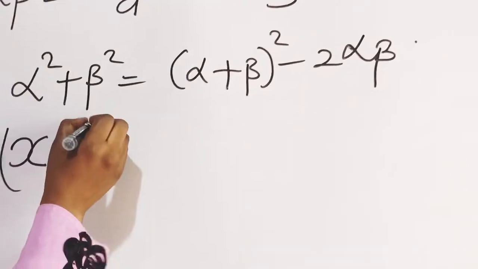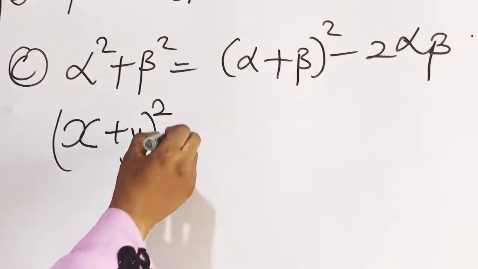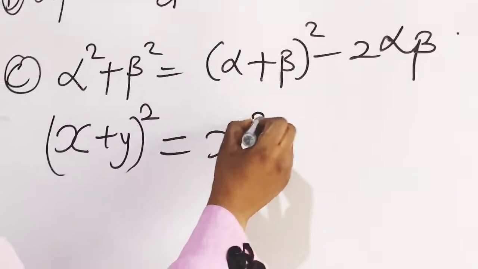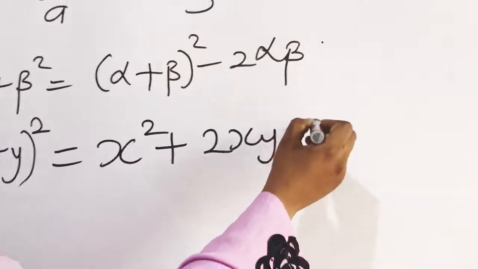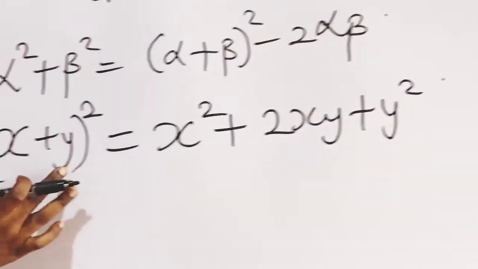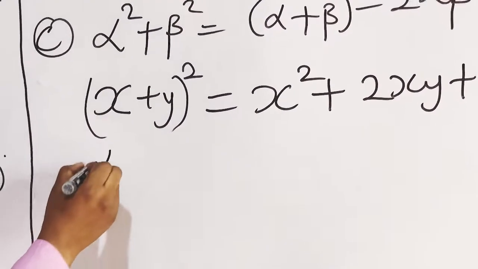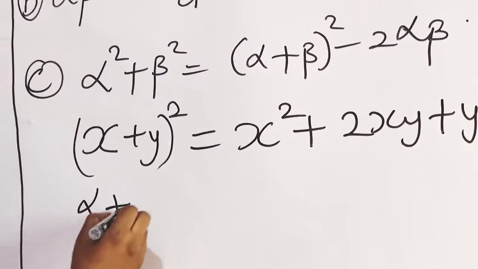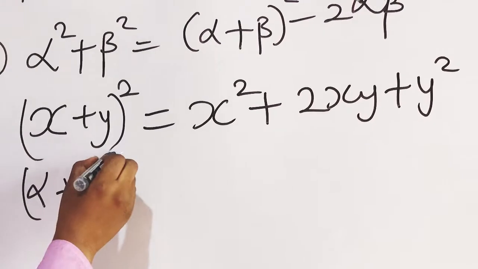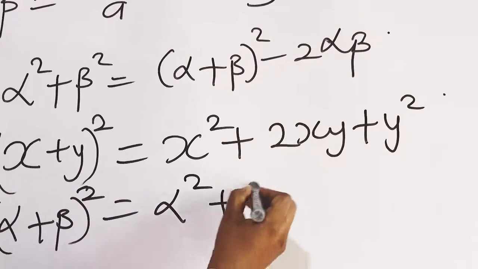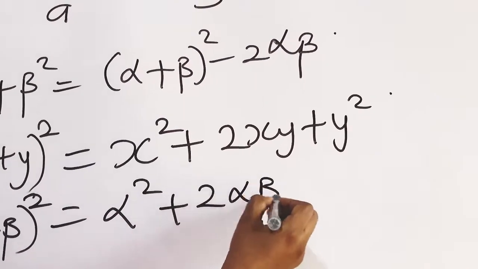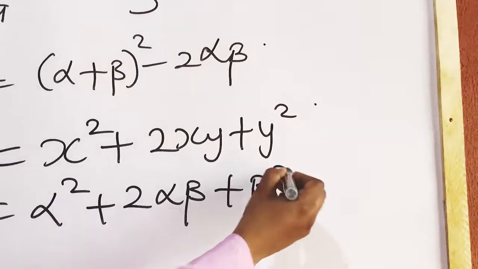They ask you to expand x plus y squared. You know it's the same thing as x squared plus 2xy plus y squared. So instead of using x and y, we now use alpha plus beta squared is equal to alpha squared plus 2 alpha beta plus beta squared.